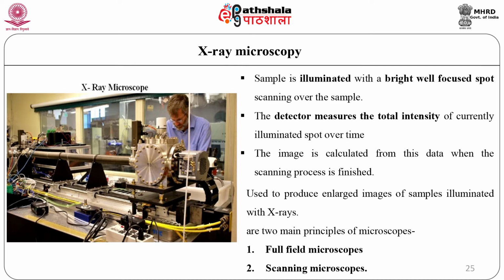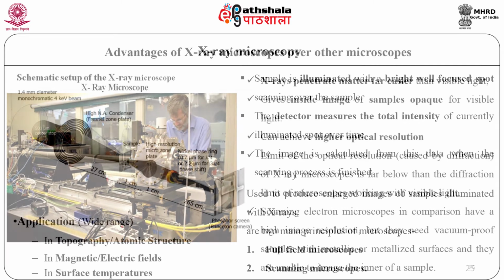In a scanning microscope, the sample is illuminated with a bright, well-focused spot scanning over the sample. The detector then measures the total intensity over time coming from the currently illuminated spot on the sample. The image is calculated from this data when the scanning process is finished.